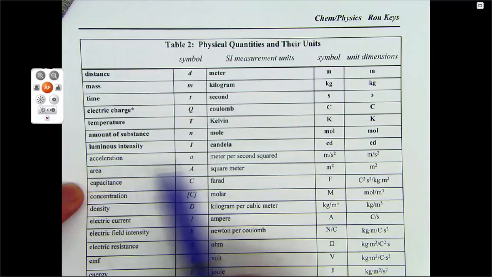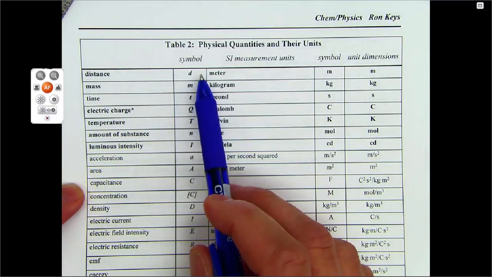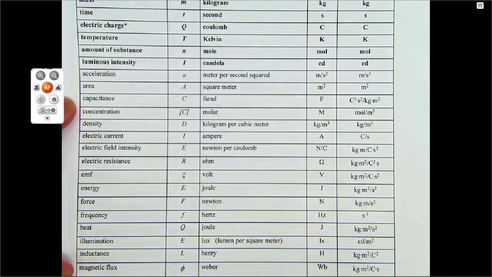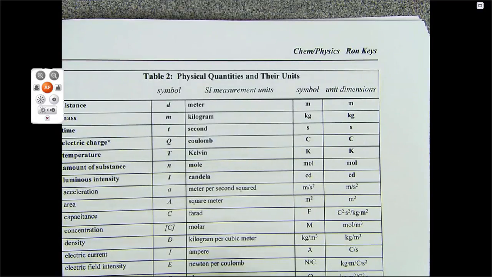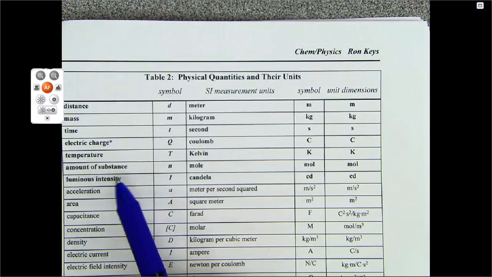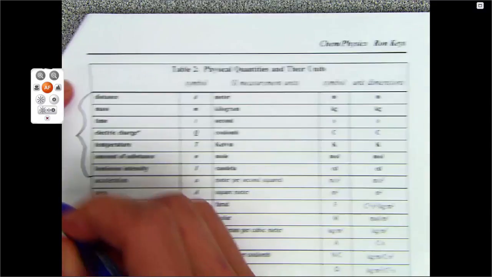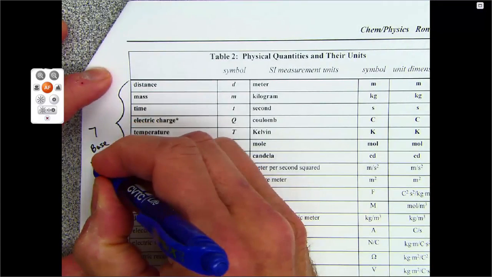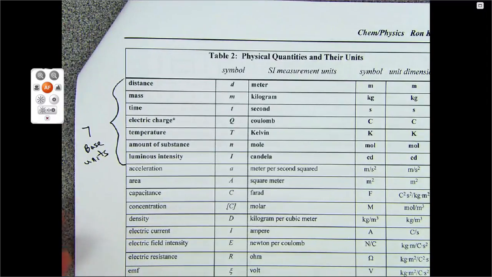Now, acceleration would be meters per second squared, which would be distance divided by time, right? The rest of these down here are derived units. So in the metric system, there's 7 base units right here, and everything else is derived units from there.